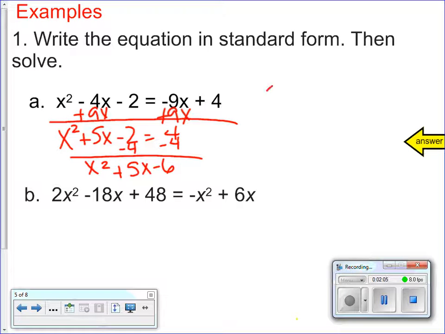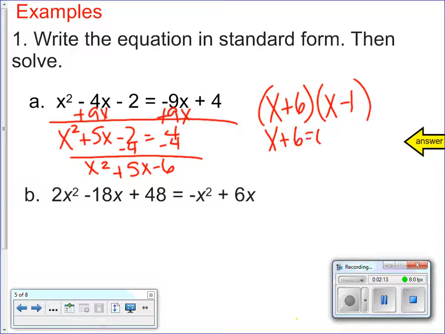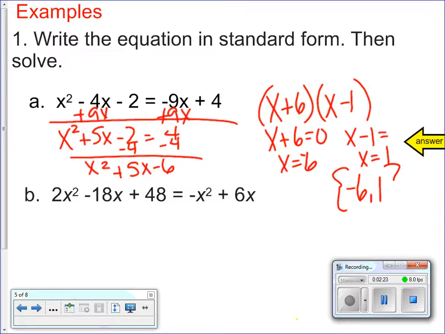So we'll factor that to x plus 6 and x minus 1. Set them both to 0. Negative 6. So our solutions are negative 6 and 1.